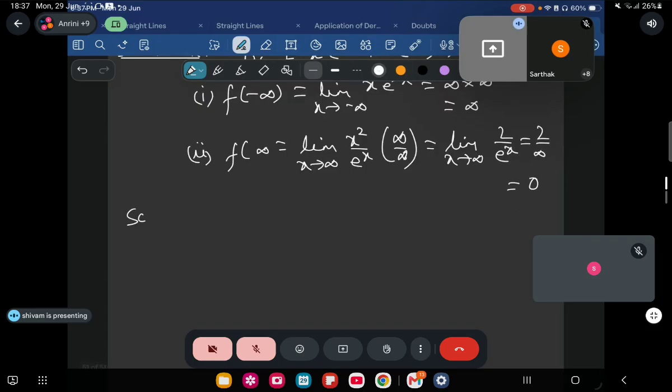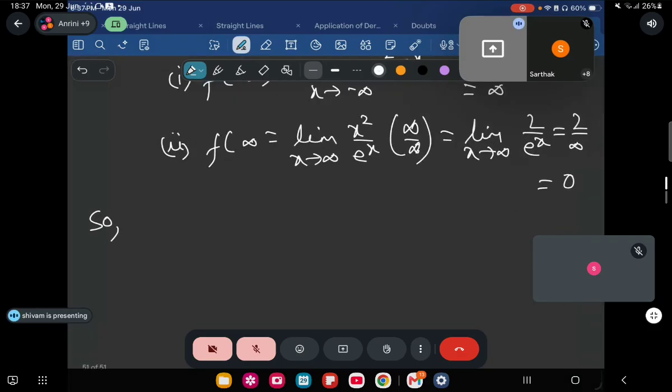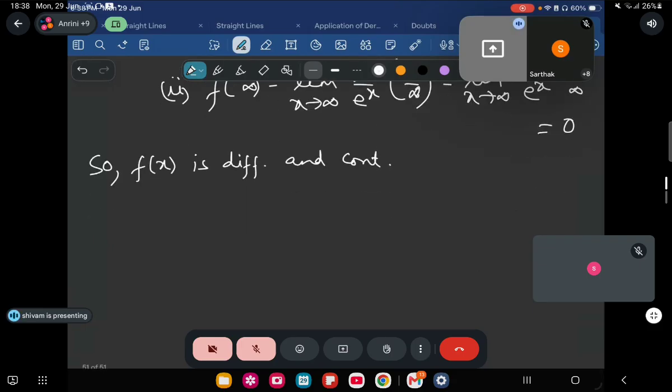So I can say f of x is differentiable and continuous. Now we have to find out where it is increasing, where it is decreasing. Putting dy by dx greater than or equal to 0, what are we getting?